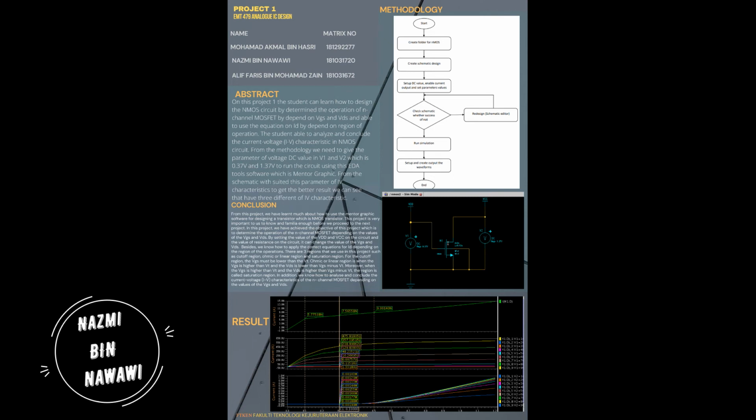Moreover, when the VGS is higher than VT and the VDS is higher than VGS minus VT, the region is called saturation region. In addition, we know how to analyze and conclude the current-voltage IV characteristic of the NMOS depending on the value of VGS and VDS.